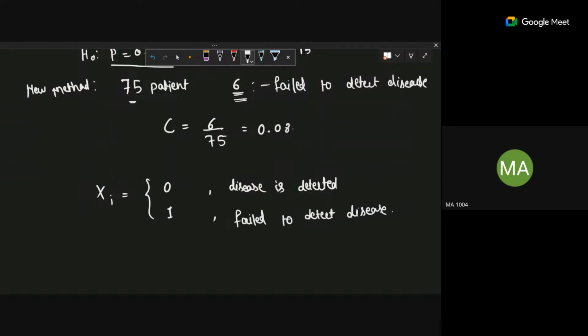Or make it more simple: in a box, you have 100 chocolates. You pick 6 chocolates. What is the probability? 6 by 100?